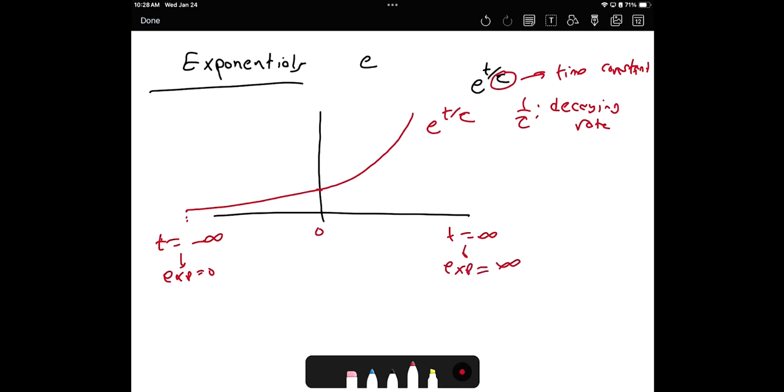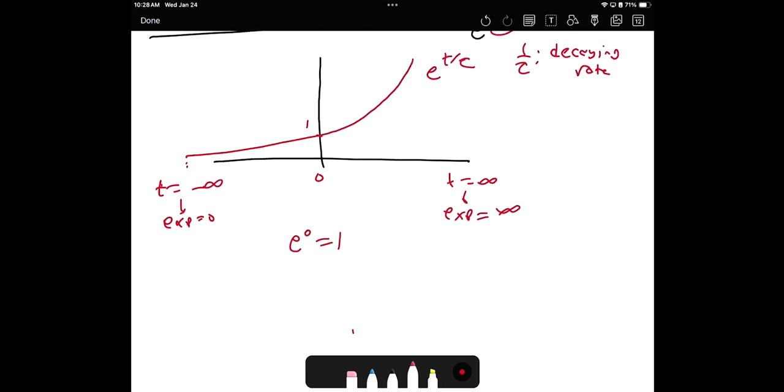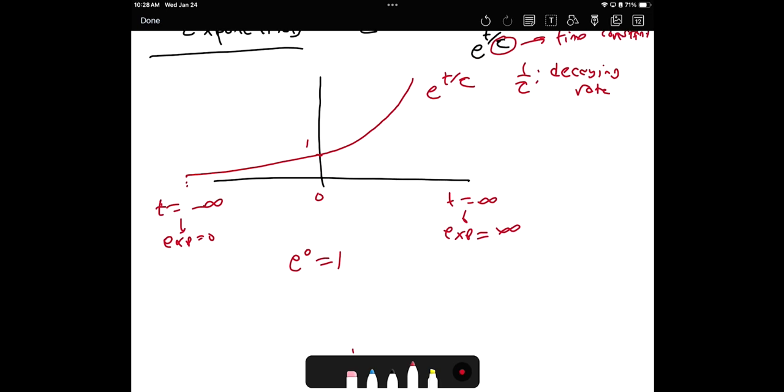And at t equals 0, it will be 1, because exponential of 0 will be 1. Anything power 0 will be 1, right? So it is centered at 1, or I would say the origin at 1.